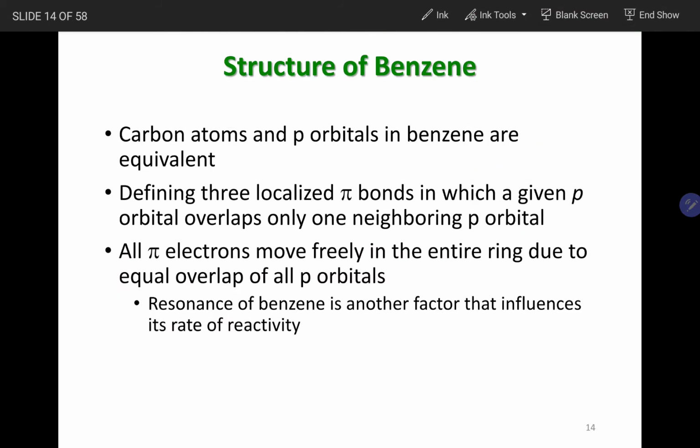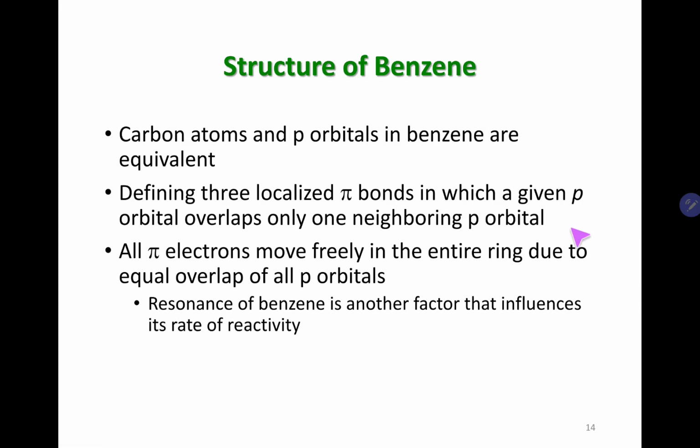And then in this slide it further explains what I just mentioned, so you can pause the video and read this slide if you have to, and if you have any questions. But basically the 3 double bonds that we have, each double bond gives you 2 pi electrons. So you have 6 pi electrons from the 3 double bonds, and they are delocalized between the 6 carbons.